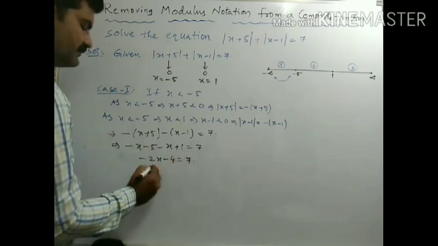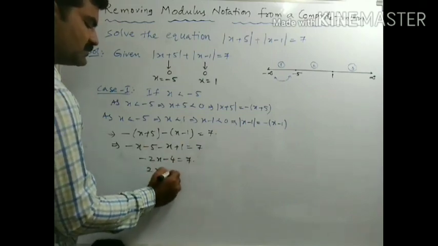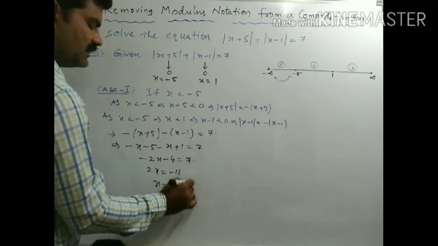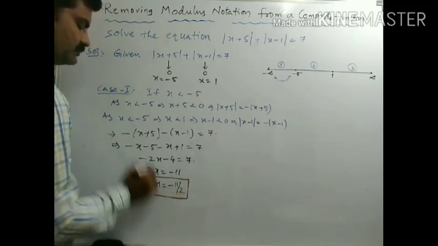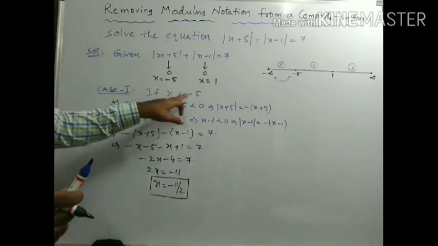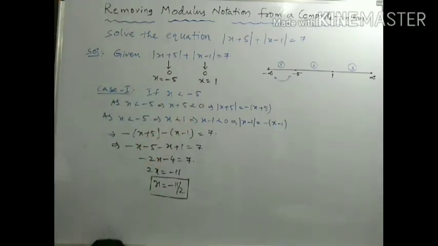Then minus 2x, if you send that side, then 2x is equal to minus 11. So from this what we got, x is equal to minus 11 by 2. So in case 1, that is when x is less than minus 5, we got the value of x as minus 11 by 2. Okay.